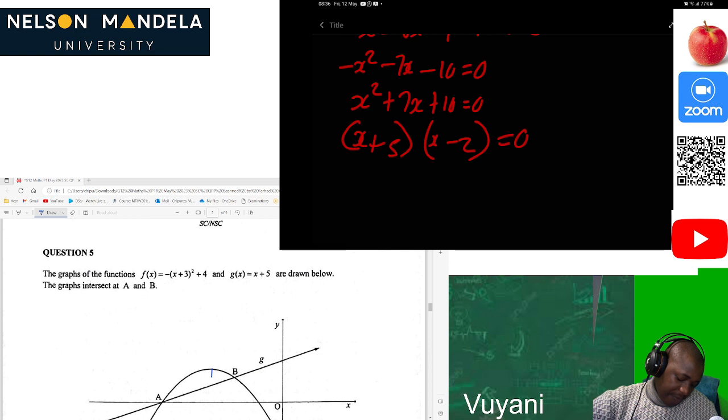Now let's look for the factors. Let's see if I did something wrong there. Negative 7 plus or minus the square root of 7 squared minus 4ac, divided by 2a.